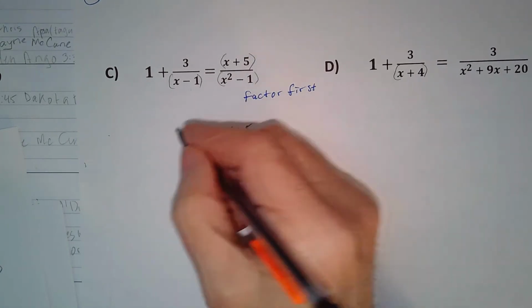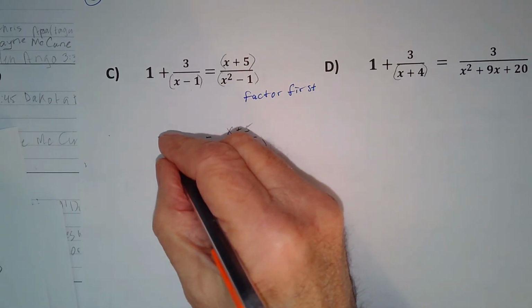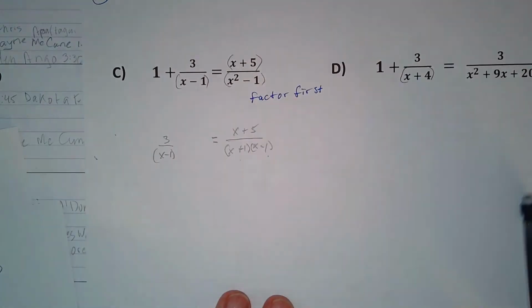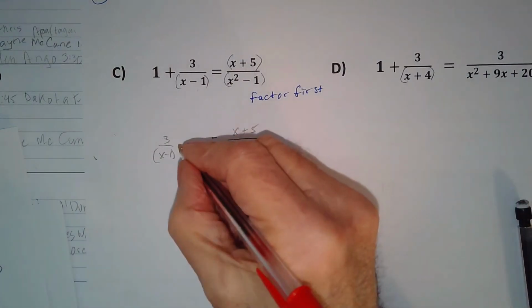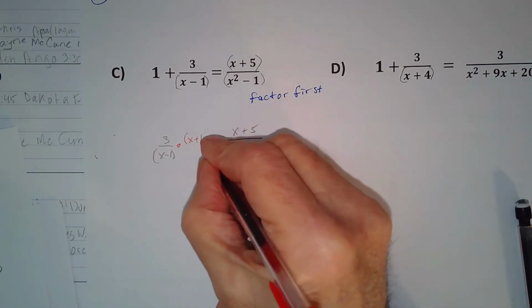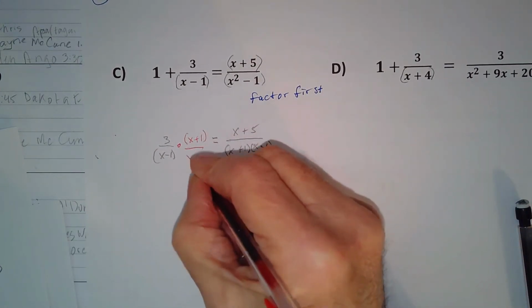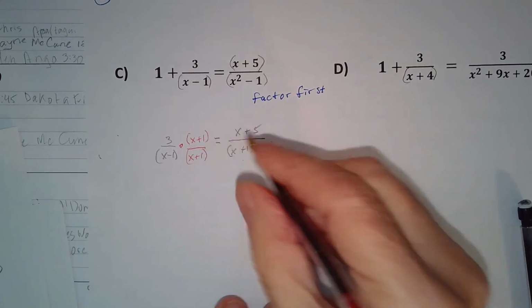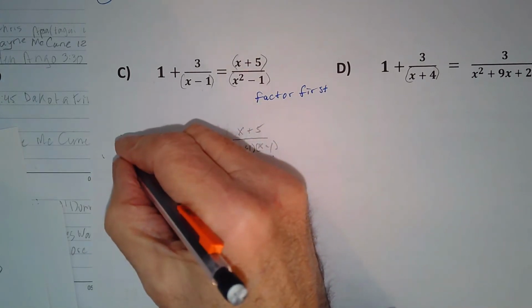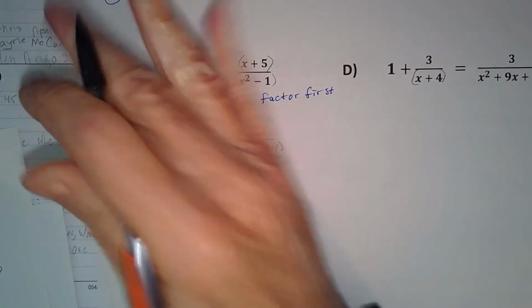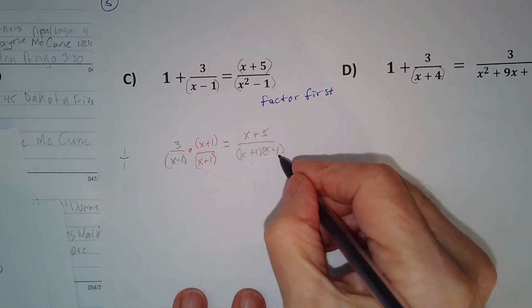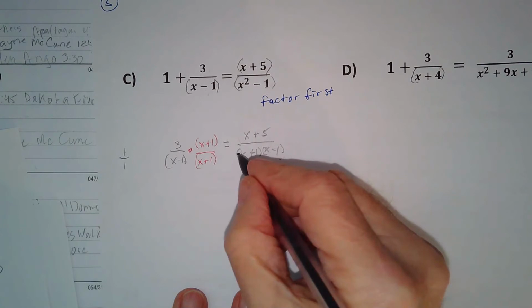So 3 times x minus 1 in parentheses, and then we multiply that times x plus 1 over x plus 1. Okay, and then I've got this 1, and so that's 1 over 1, and ones are all implied here.